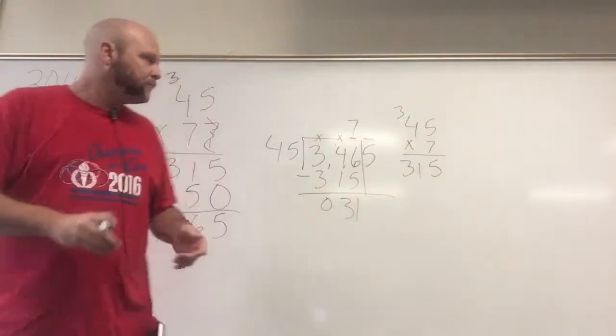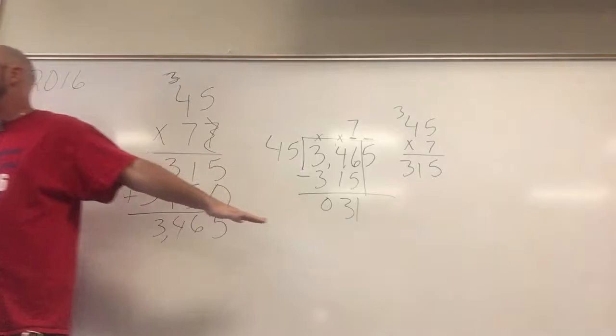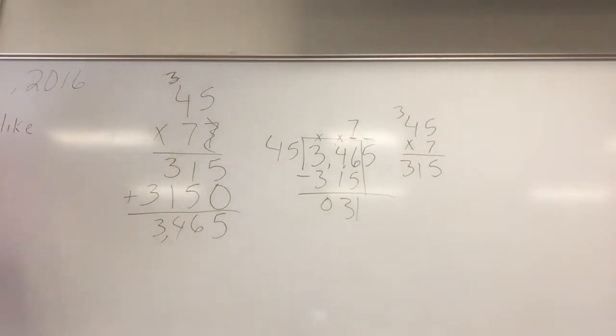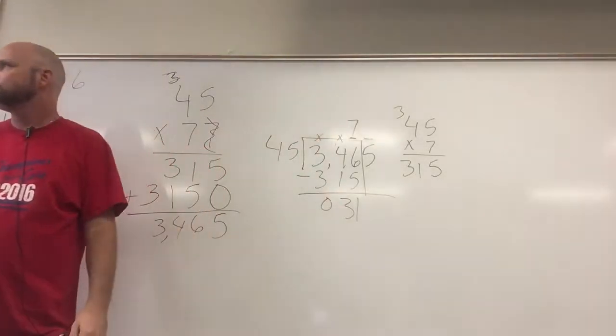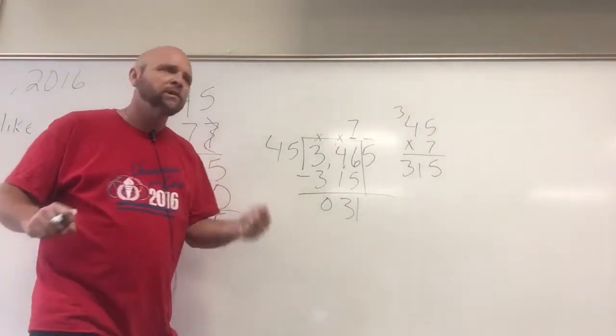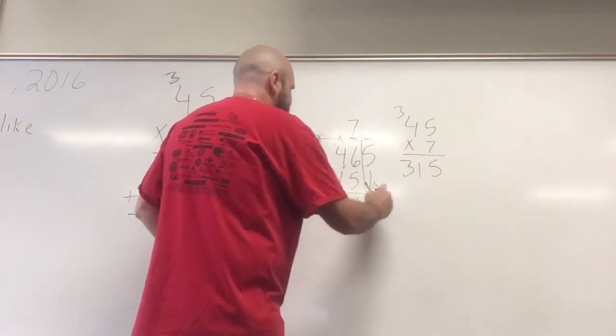When I subtract, I can't have a number greater than 45. If I have a number equal to or greater than 45, this number in my quotient needs to be bigger. Okay. I bring down my 5 in my ones place.